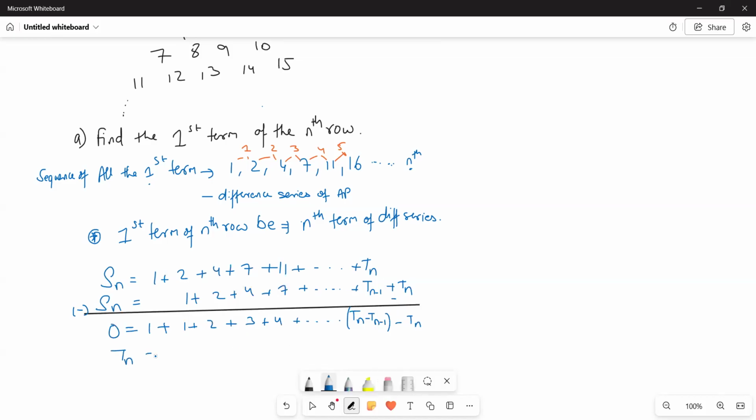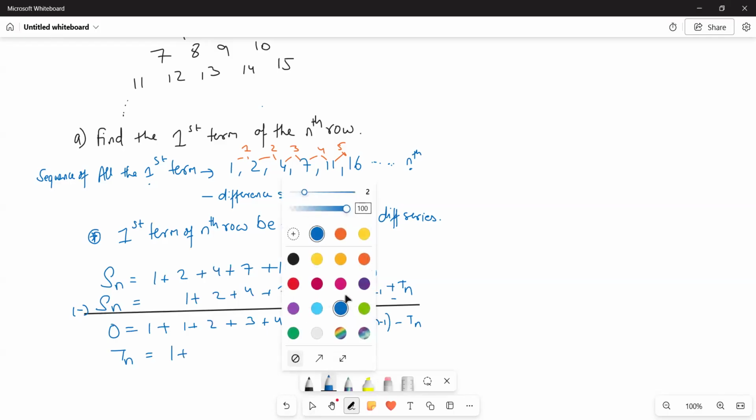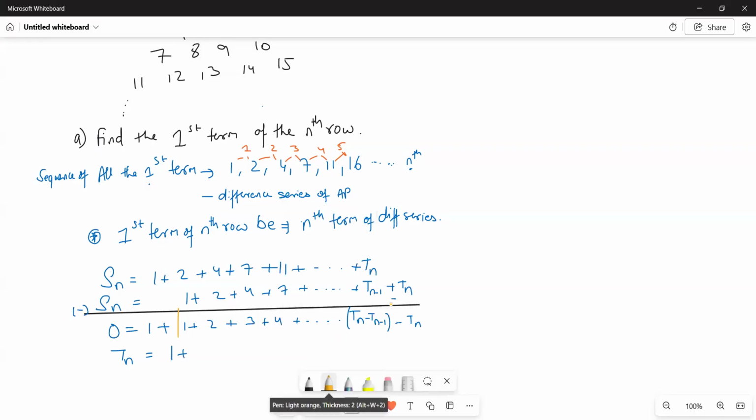फिर Tn will switch over. This would be 1 plus. Okay. From here till here, this would be an AP whose first term is 1. Common difference is 1. And what is the number of terms? N minus 1.